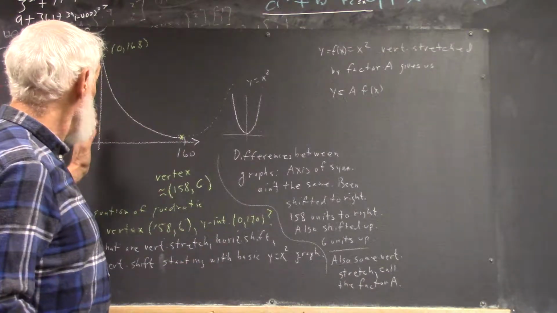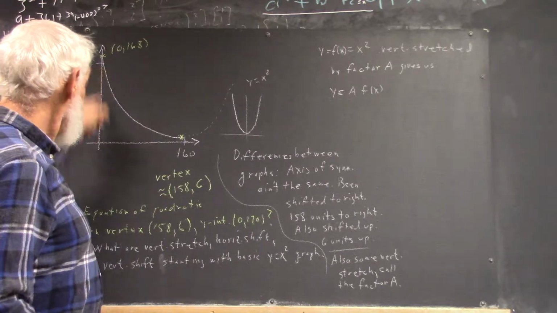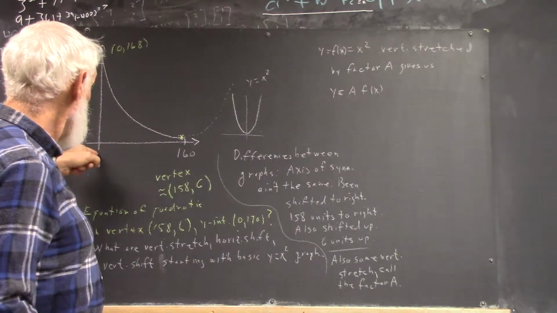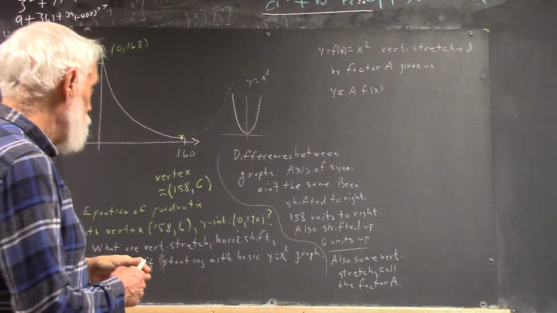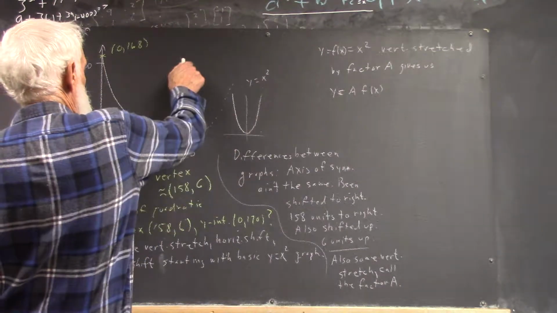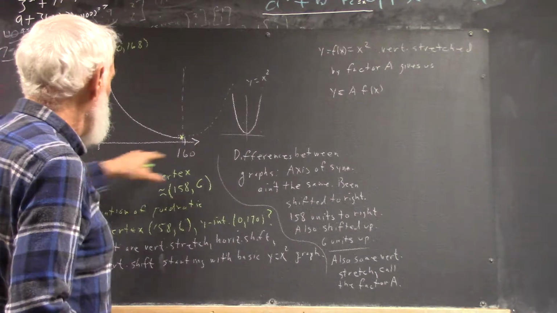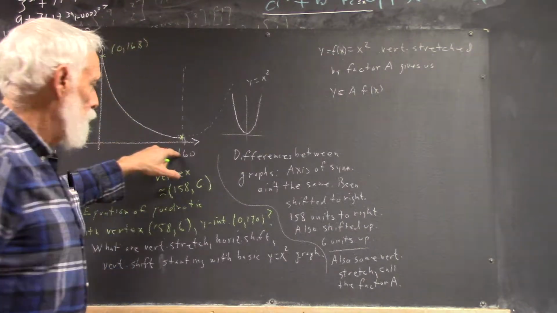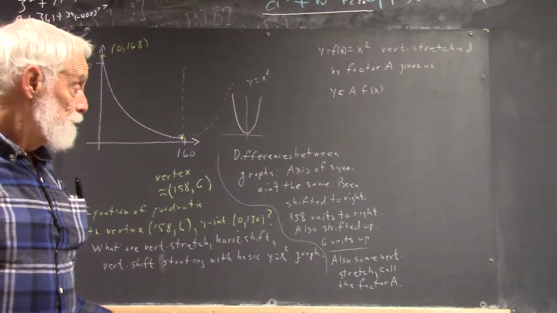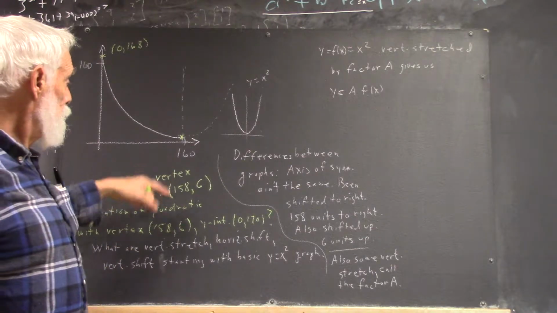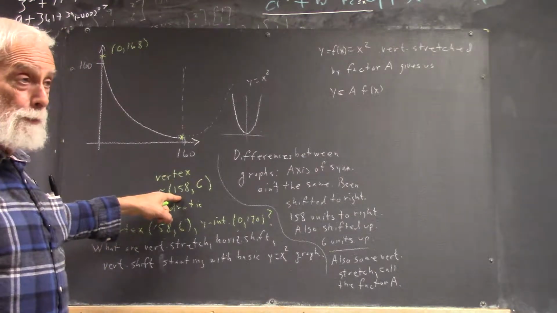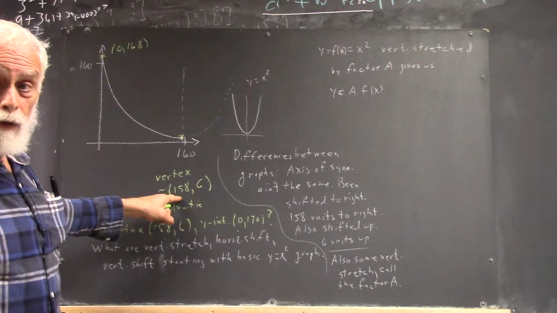This graph has been moved over from an x squared graph on the y-axis to a graph with an axis of symmetry at the vertex. The shift that takes you from here to here is your horizontal shift. If this is the vertex, this graph has been shifted 158 units in the horizontal direction.